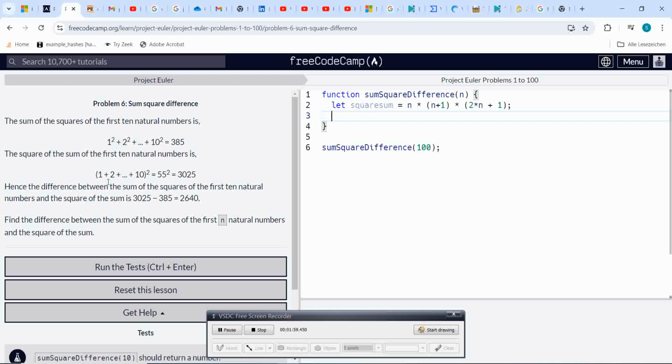The other one is the famous Gauss sum formula. It has a little mathematical history. This little kid named Gauss was in first grade, and his mathematics teacher gave all of the kids an exercise to sum all the numbers from 1 to 100 together.